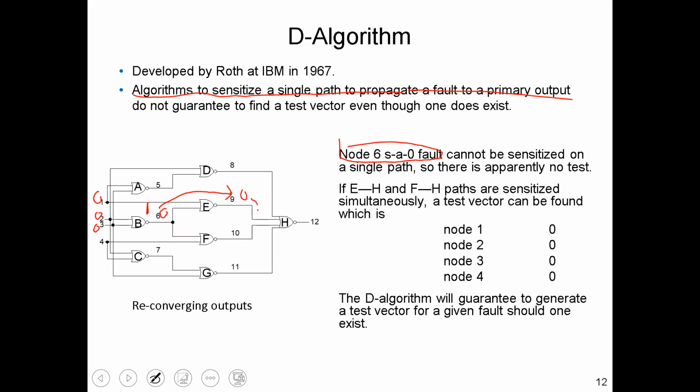In order to propagate this signal from node 9 to node 12, we should set node 8, node 10, and node 11 to be 0.